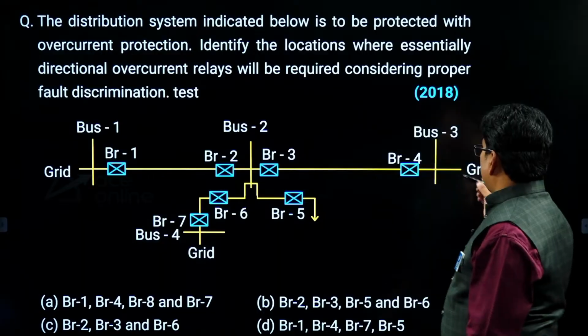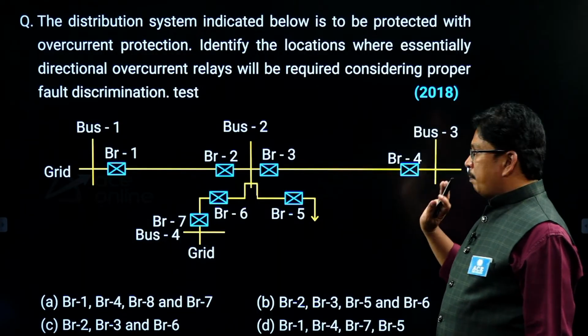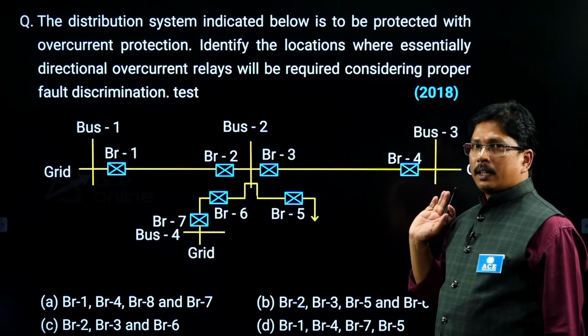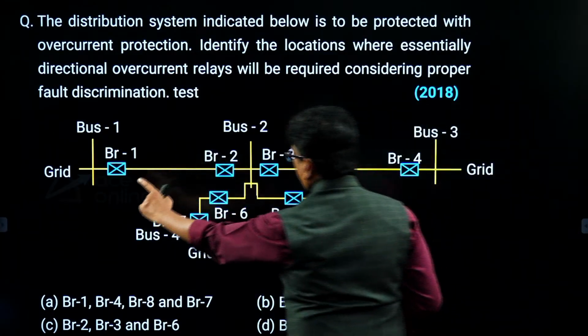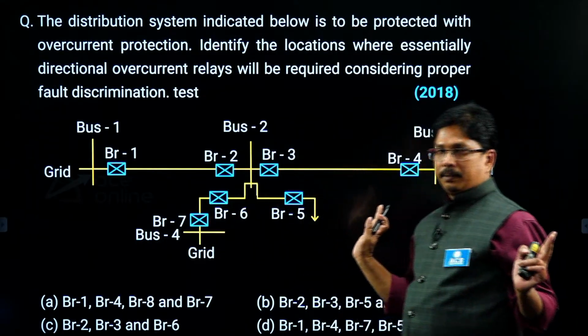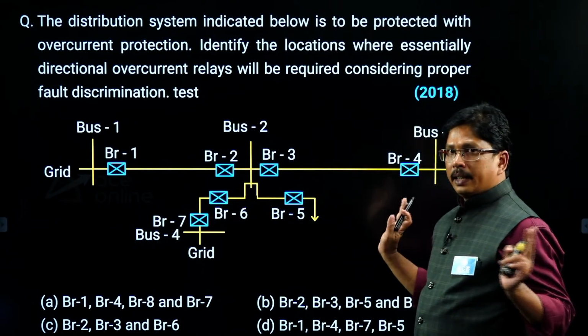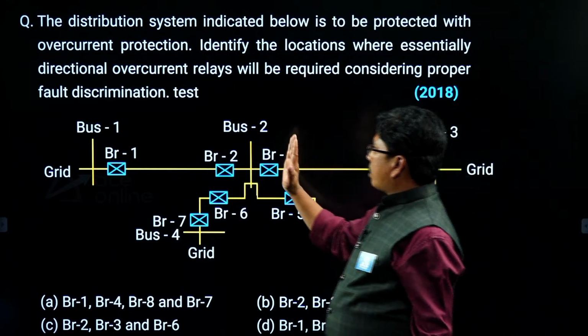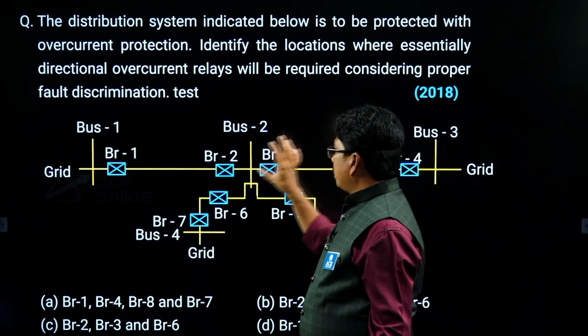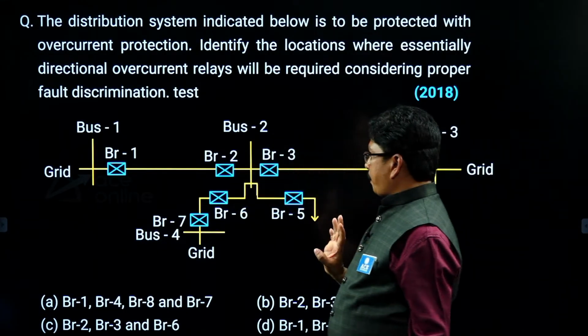Grid can supply the relays placed close to source, so they are non-directional. Breaker 1, breaker 4, breaker 7 are non-directional. Placed close to load, this is the load location, here 2, 3, 6, 5 are there.